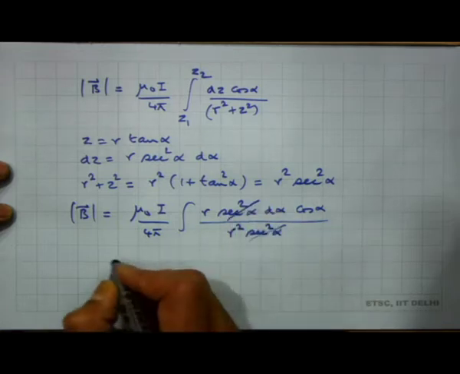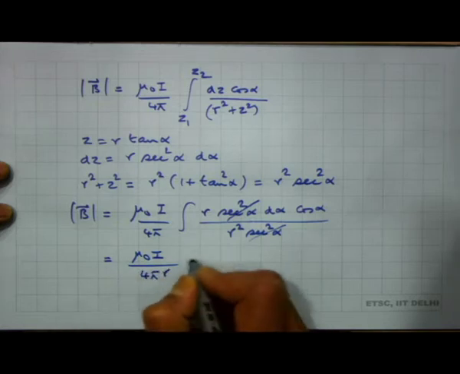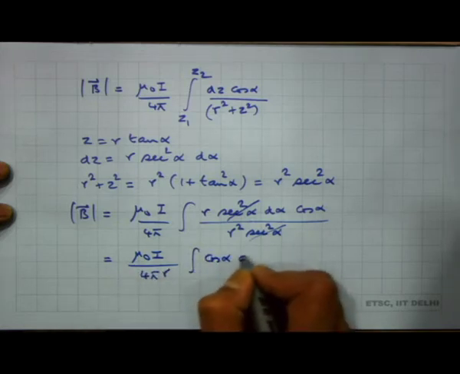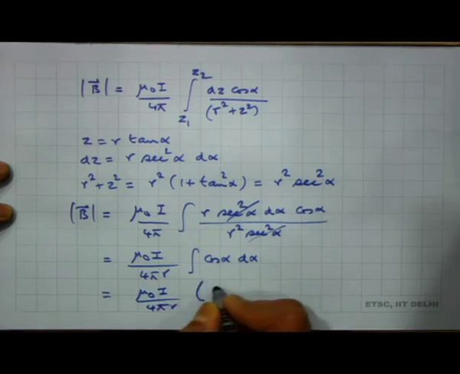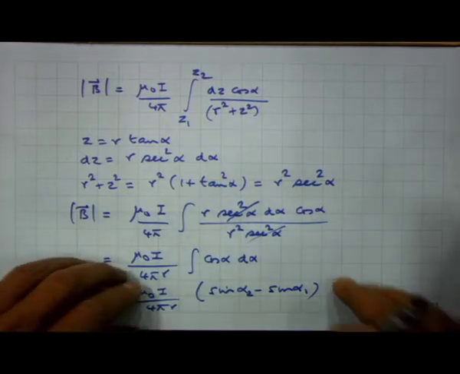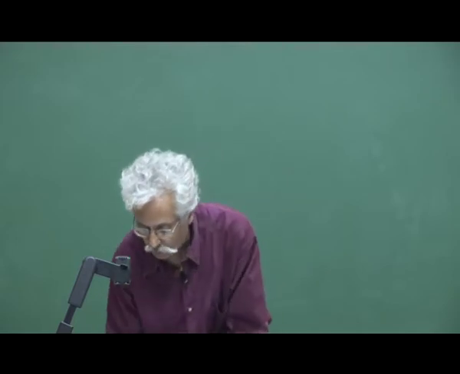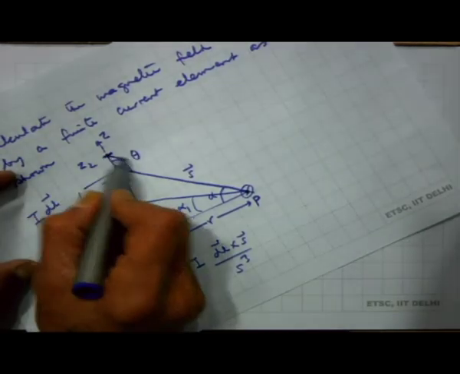So, secant square alpha cancels off and I get mu naught I by 4 pi r integral cos alpha d alpha, which is equal to mu naught I by 4 pi r into sin alpha 2 minus sin alpha 1, where alpha 1 and alpha 2 are the limits. And so, let me write here. So, alpha 1 is this angle and alpha 2 is this angle.